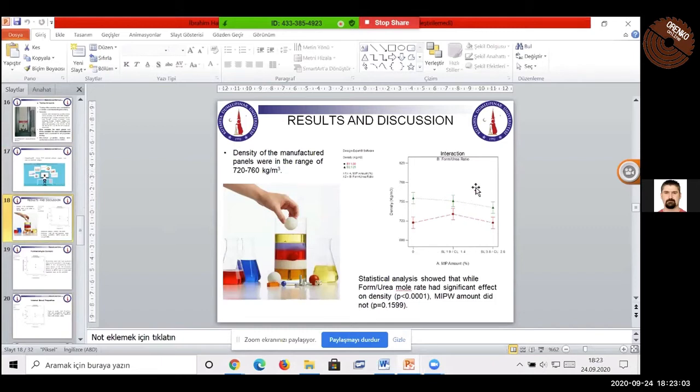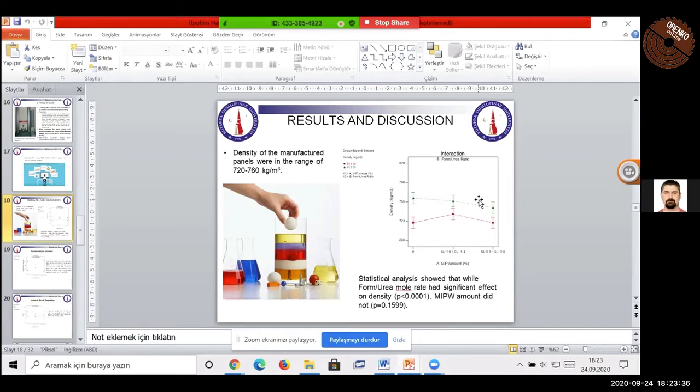The statistical analysis showed that while formaldehyde and urea mole ratio had a significant effect on density, MIP waste amount did not. With the addition of the MIP waste, density values slightly changed. When the graph was examined, it was observed that the density values were close to each other in the same mole ratio groups.